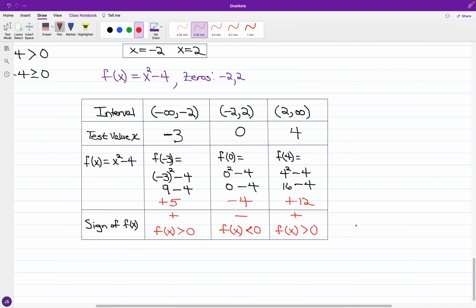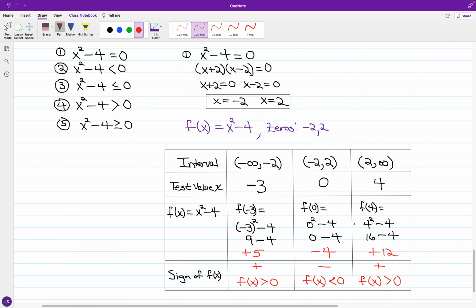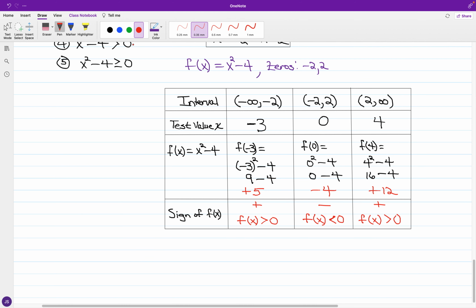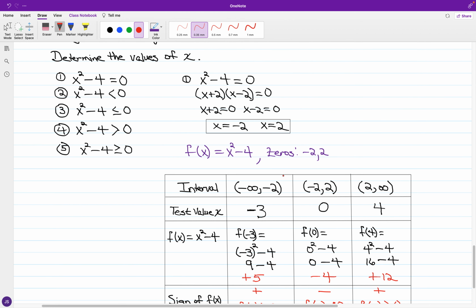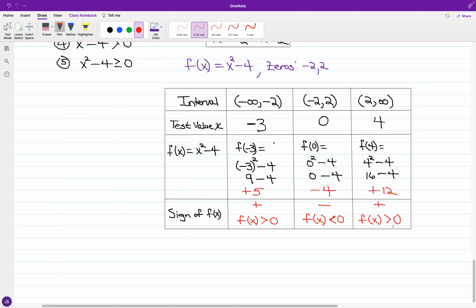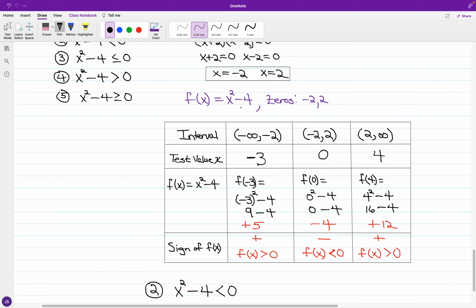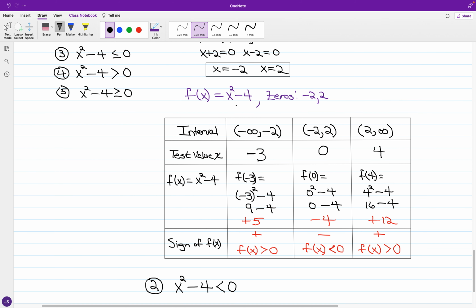All right, now looking at what we have for the inequalities. For the first problem, I had -2 and +2 whenever the function is equal to 0. Now for x squared minus 4 is equal to 0, note that f of x is equal to x squared minus 4.